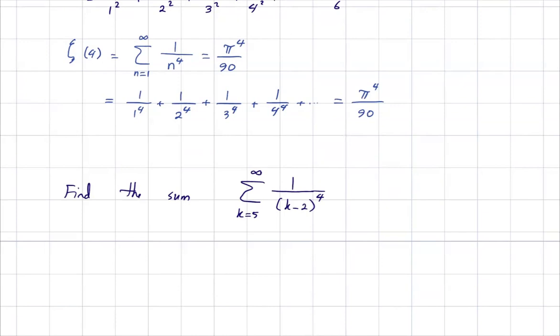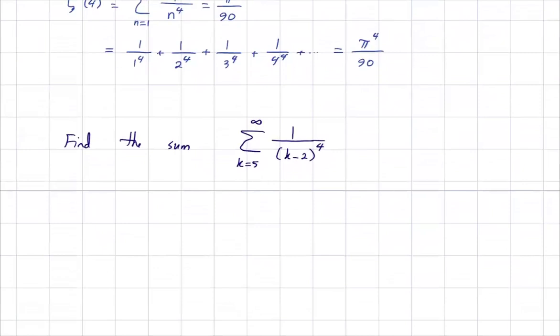Very good. Let us apply two different methods. What I'm going to do, I'm going to just list the terms of this series. The series 1 divided by k minus 2 to power 4, k starts from 5 to infinity, is equal to, if you plug in 5, you get 1 divided by 3 to the 4.